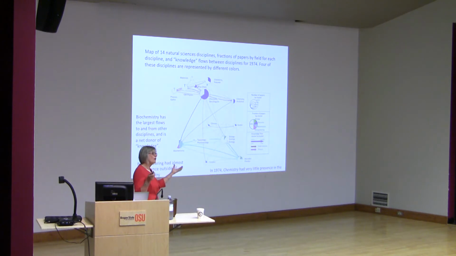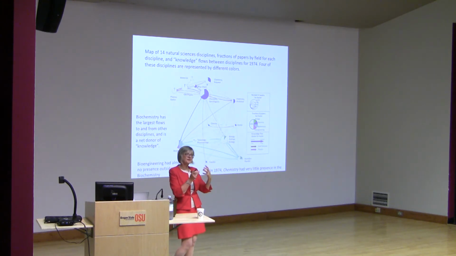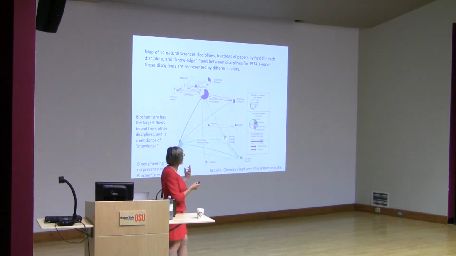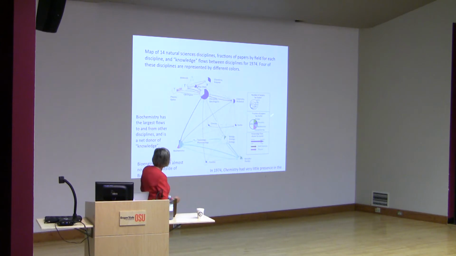Now you can go and look at those flows of citations and how the different fields and subdisciplines hang together in diagrams such as those. And this is a diagram that represents different disciplines at one particular point in time, 1974. And the different fields are color-coded.